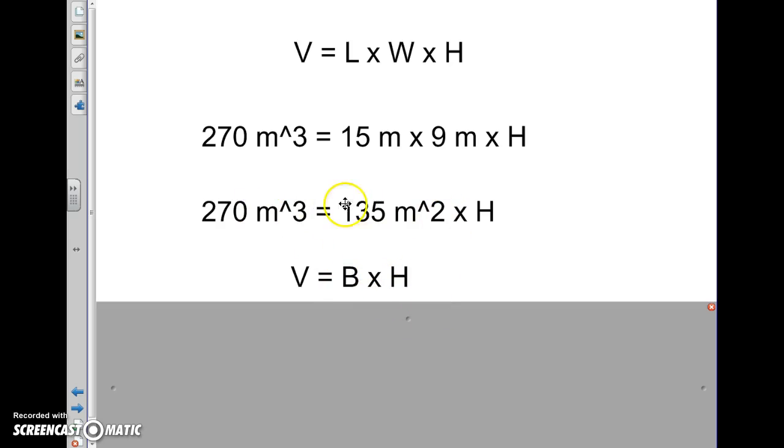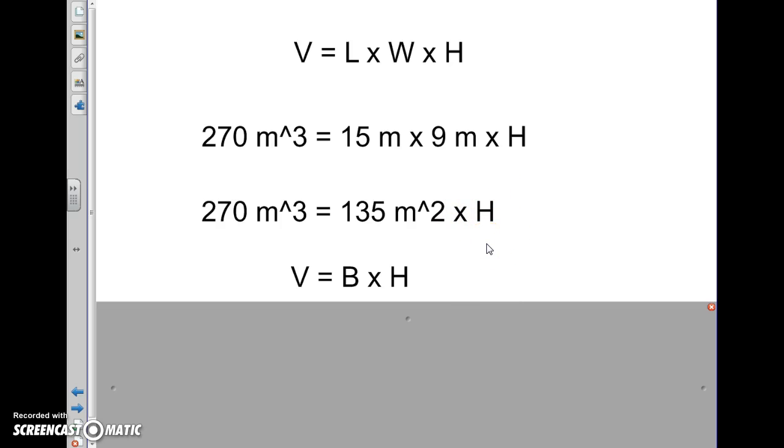So the base times the height. So what we know is that the volume is 270 meters cubed. The base, which is the length and the width, is 135 meters squared. And we need to multiply it by something here. This is what we don't know.